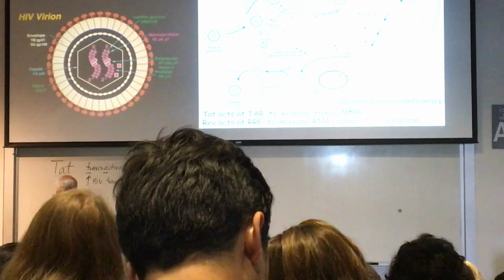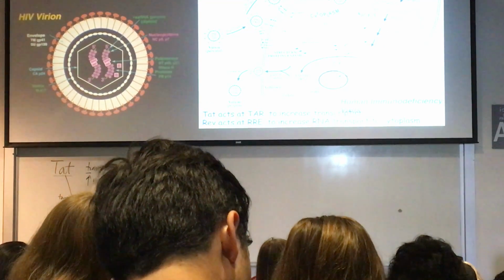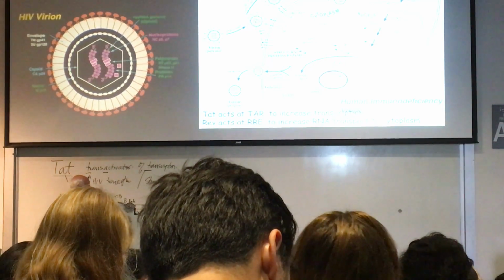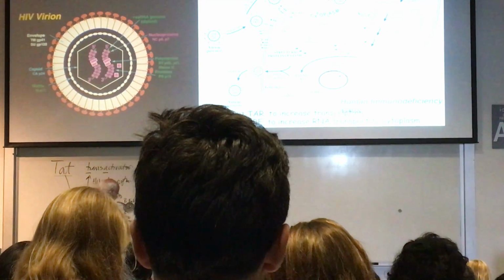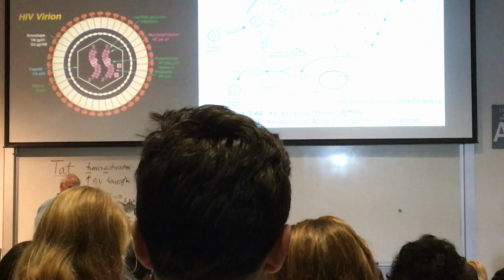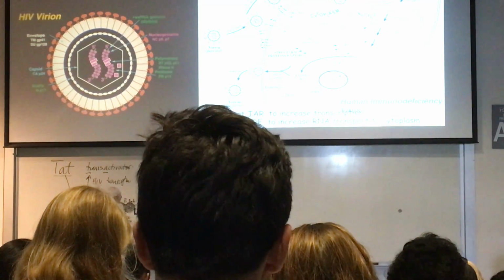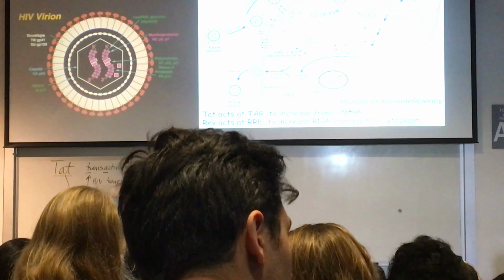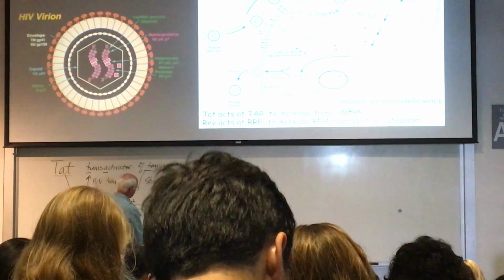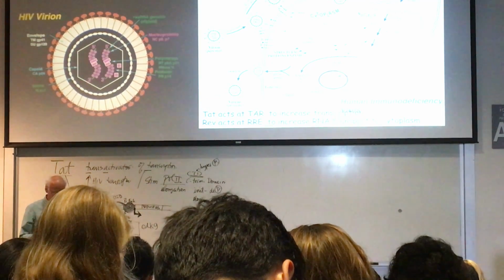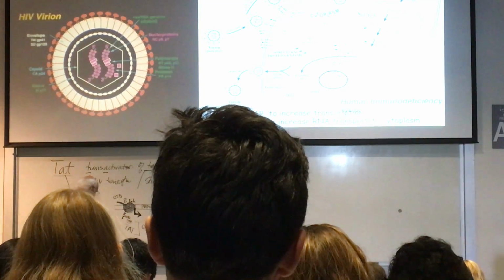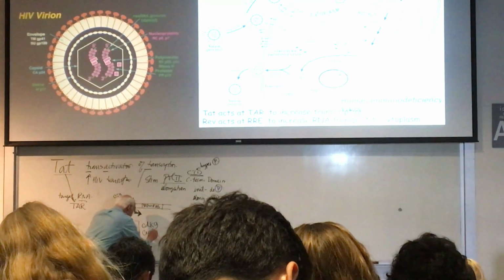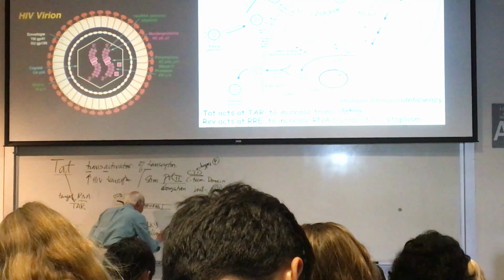So then TAT binds TAR, and then when TAT binds TAR, this then leads to the recruitment of the kinase. So the kinase is CDK9, cyclin-dependent protein kinase 9. And this kinase is regulated by cyclin, and so it's cyclin T.